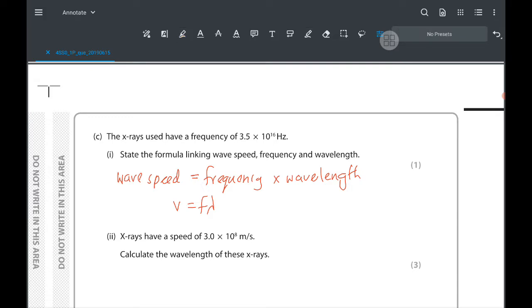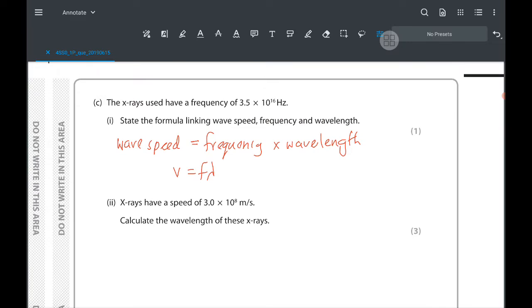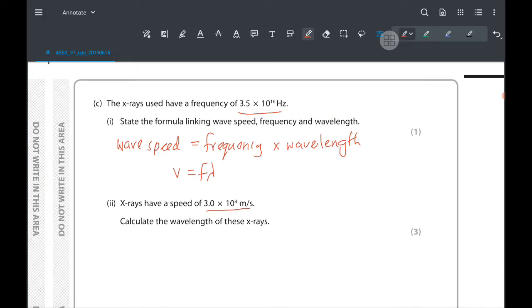Next, X-rays have a speed of 3 × 10^8 meters per second. Calculate the wavelength of these X-rays. They have given the frequency and the speed, and they want us to find the wavelength. First of all, we'll write down our original equation, which is v equals f lambda. We want to find lambda, so if I rearrange this equation, it will be lambda equals v over f.